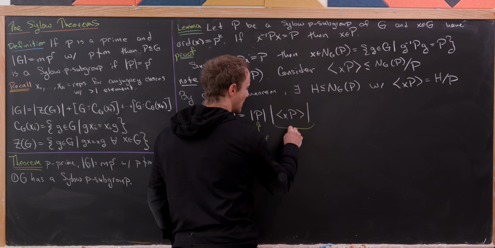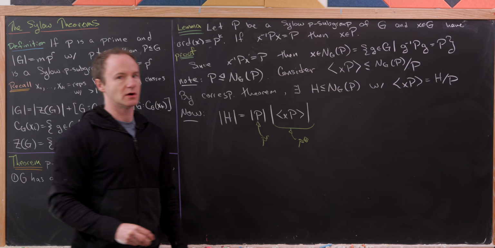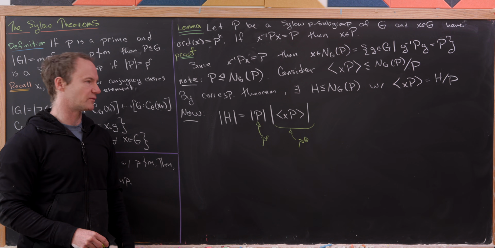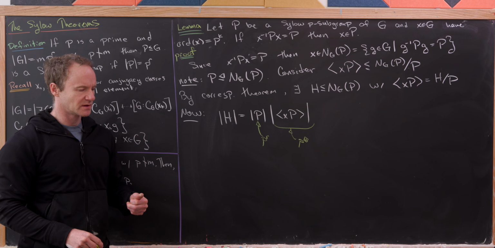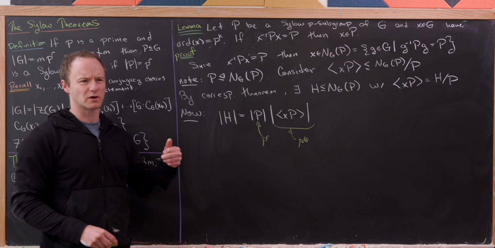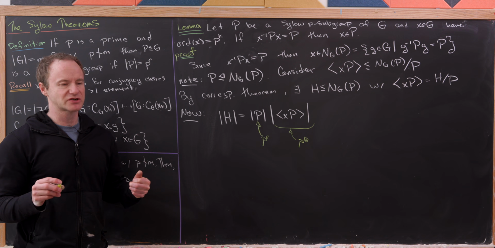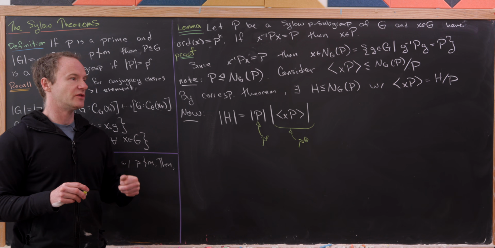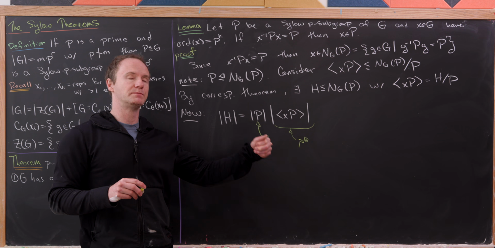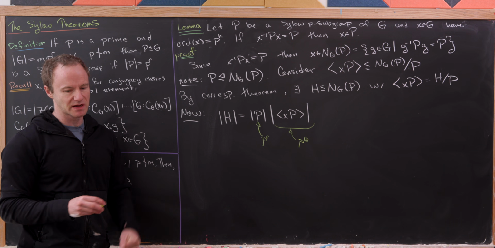That means the order of the coset XP is also p to some number. It probably doesn't keep the same power of p, but it still is a power of p. That's because the order of an element under the quotient map must divide the order of its original element. This is a special case of the fact that the order of an element in the image of a homomorphism must divide the order of the original element, which is something you probably saw before.